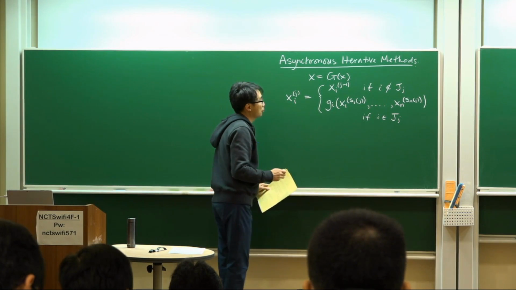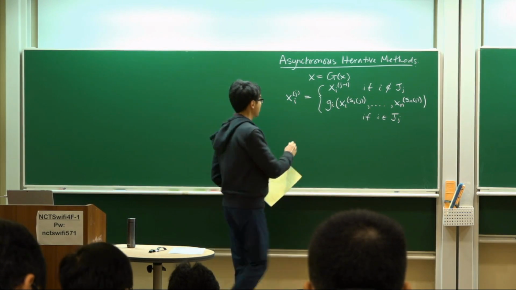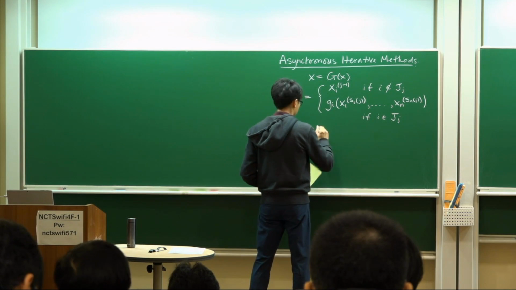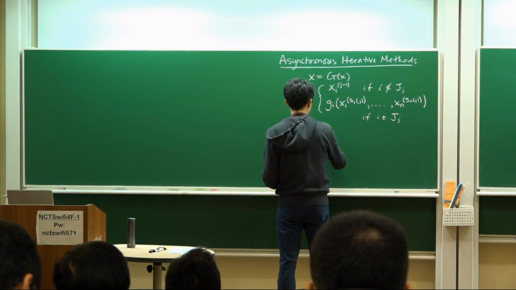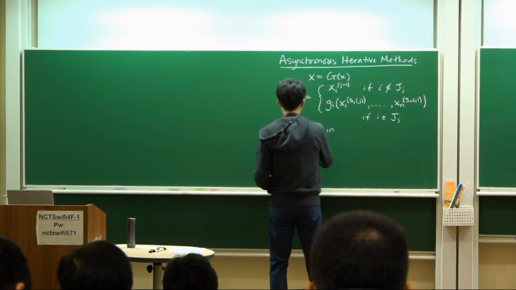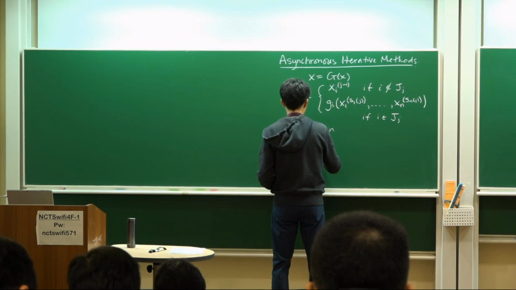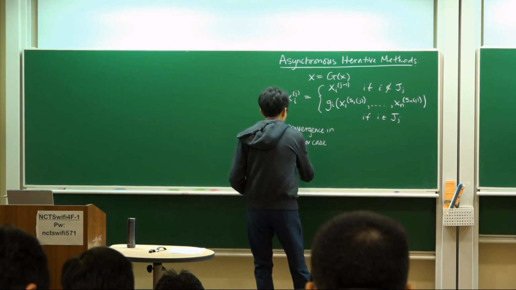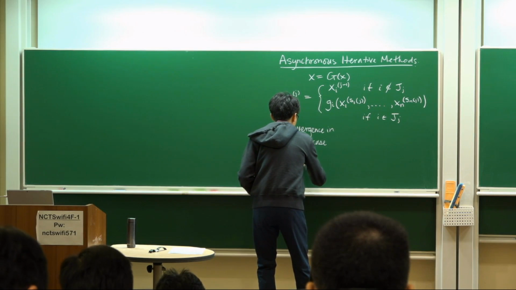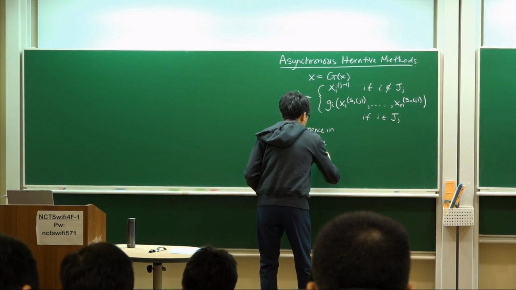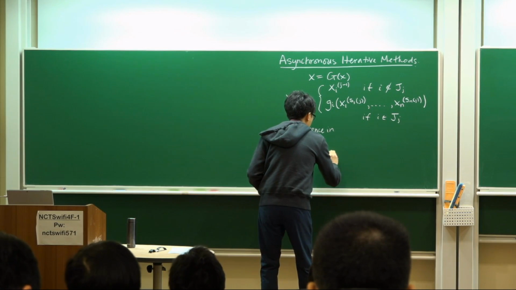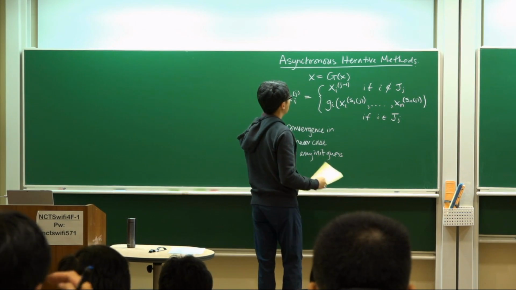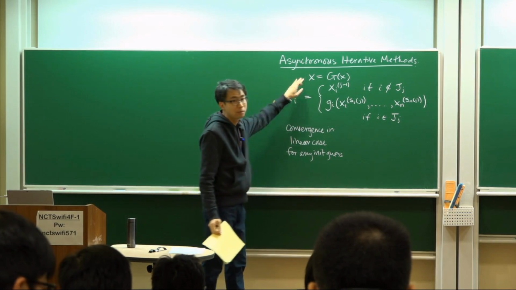I'm going to just say what the convergence is in the linear case. So convergence in the linear case for any initial guess. In other words, any initial approximation x superscript 0.